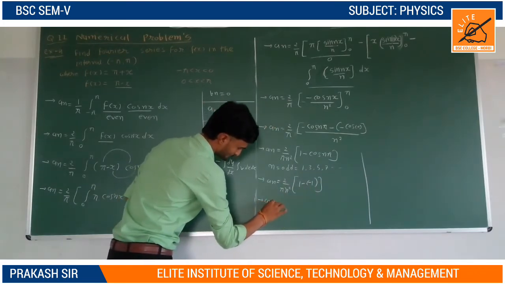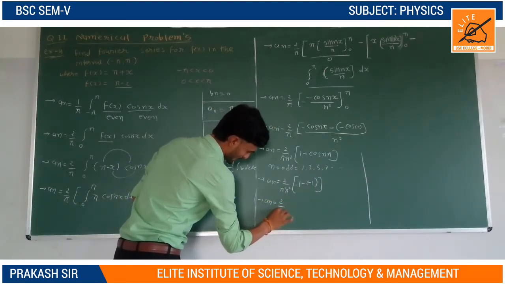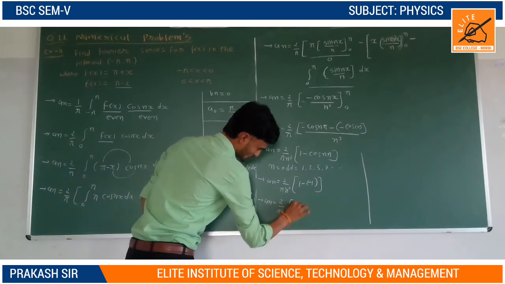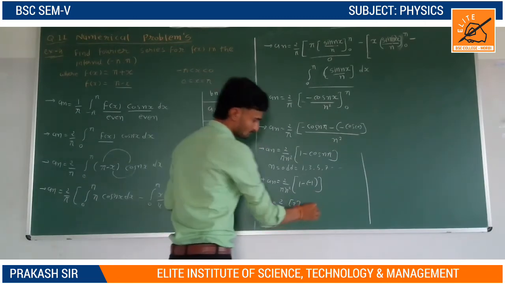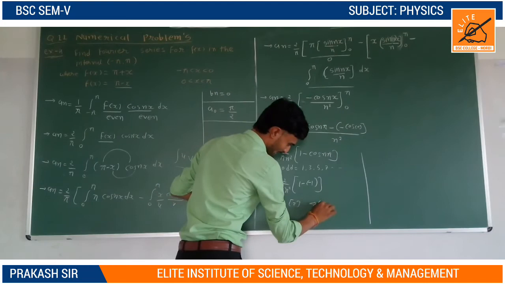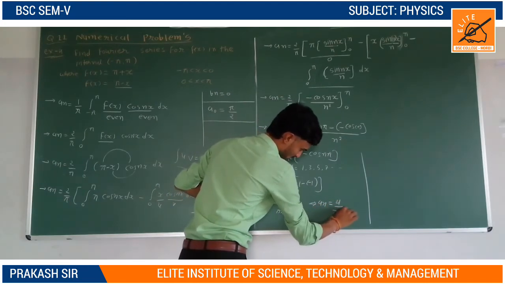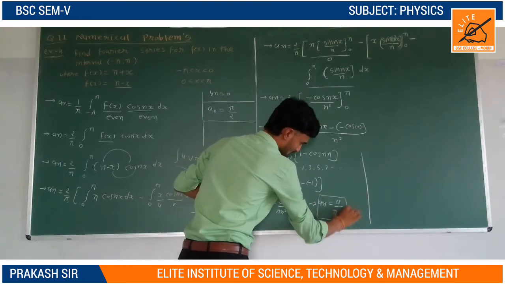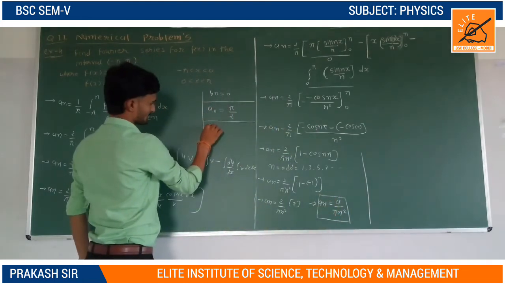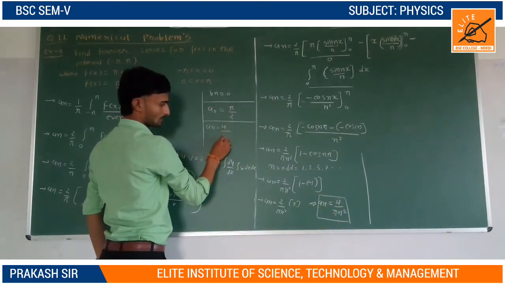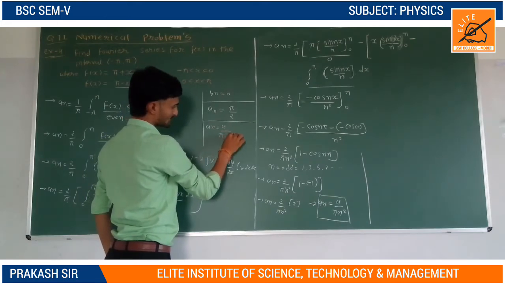So 2 upon pi n square into 2. a_n is equal to 4 upon pi n square. So a_n is 4 upon pi n square.